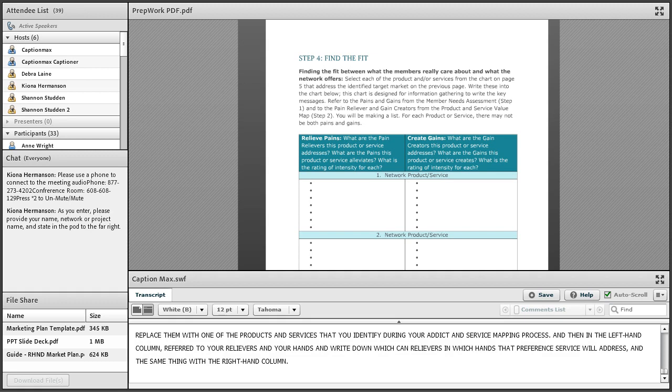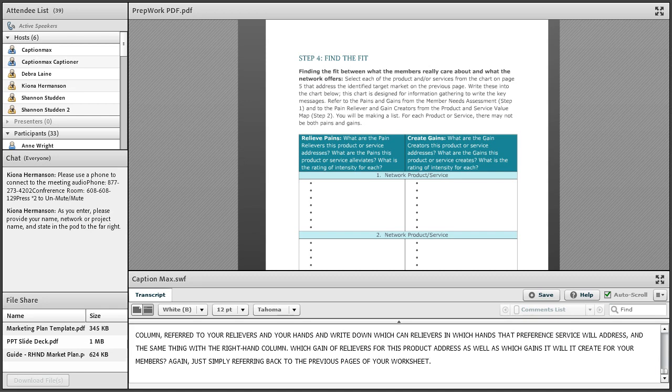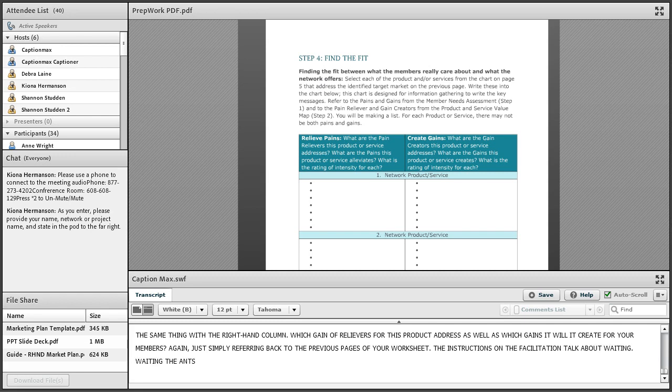And then in the left-hand column, refer to your pains and your pain relievers and write down which pain relievers and which pains that product and service will address. And the same thing with the right-hand column. Which gain creators will this product address, as well as which gains will it create for your members? Again, just simply referring back to the previous pages of your worksheet.